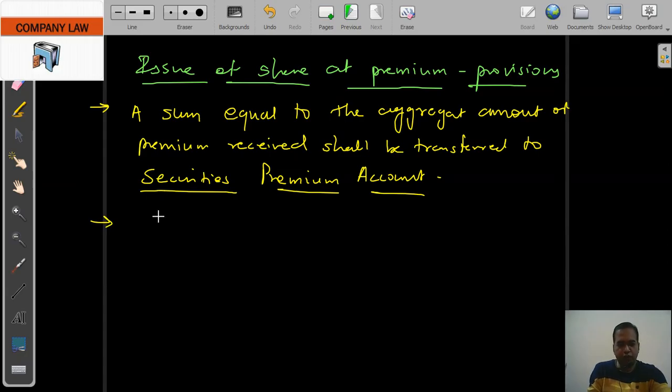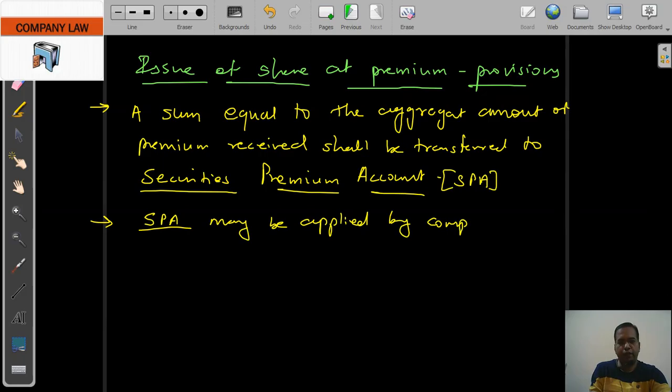So how can this particular account be used? This account, okay, SPA, I would say this is SPA, may be applied by the company. So कहाँ कहाँ इसका पैसा यूज हो सकता है? Okay, let's talk about that.